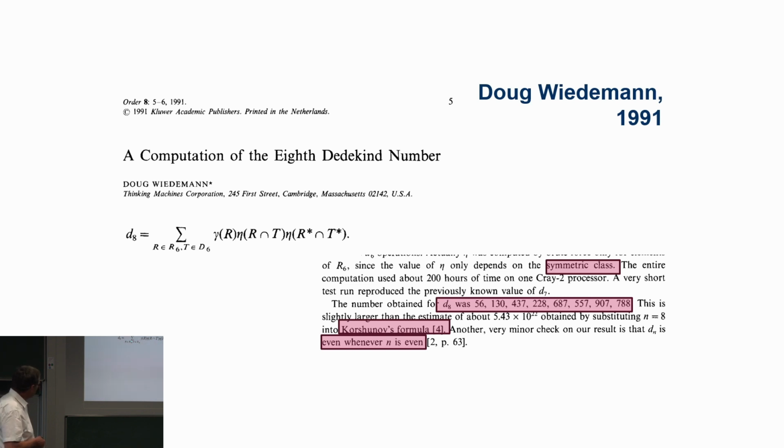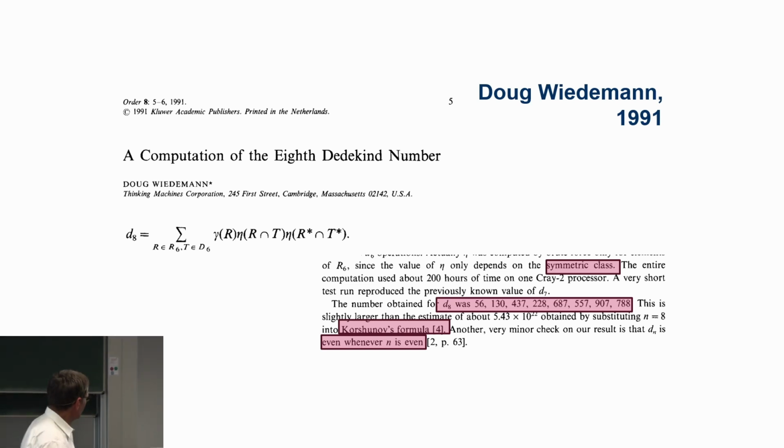So this is some advance which allows Wiedemann, together with the computer architecture of the 90s, which was actually a kind of a test for this architecture at the time, to succeed in computing the 8th number, and now it is correct. So 8 is the last digit of the 8th number of Dedekind that Doug Wiedemann computed in 1991.